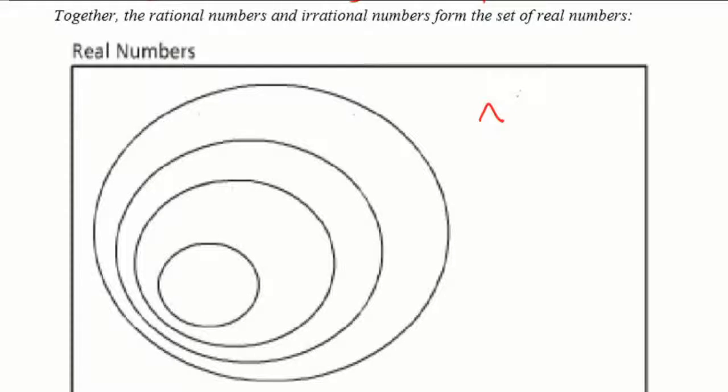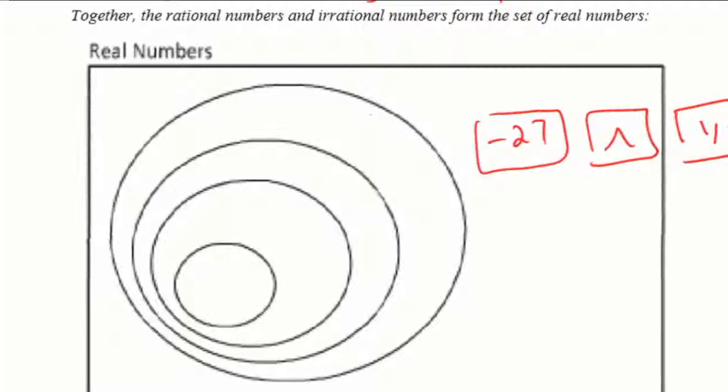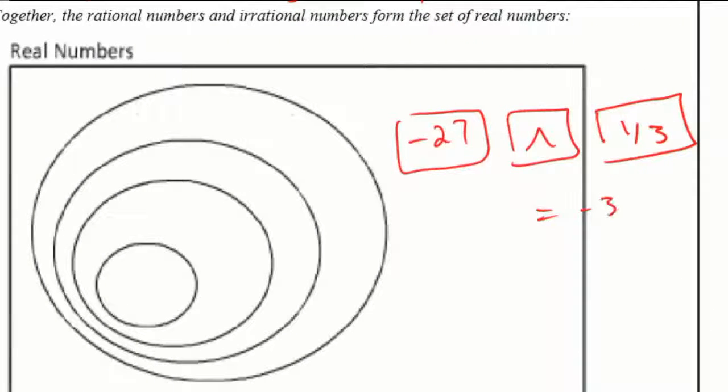So let's go negative 27, plug that in, and then you press the little hat. And then if you want the cube root, you have to put it in as 1 divided by 3. So that should give you negative 3 as an answer.